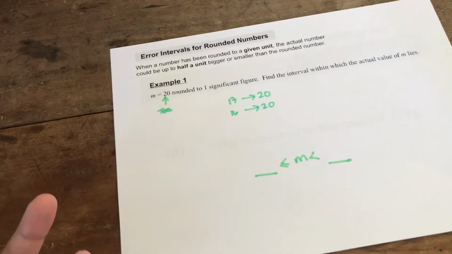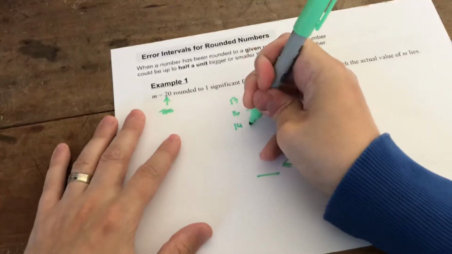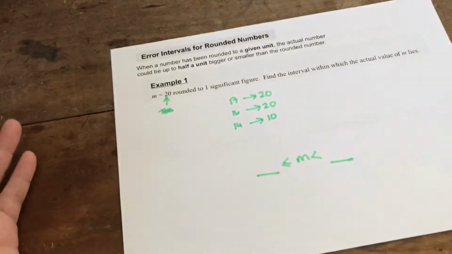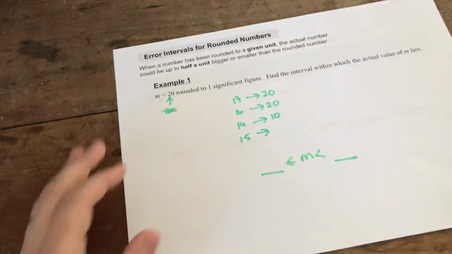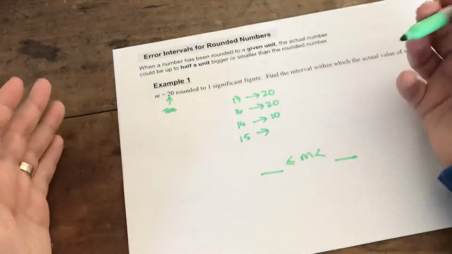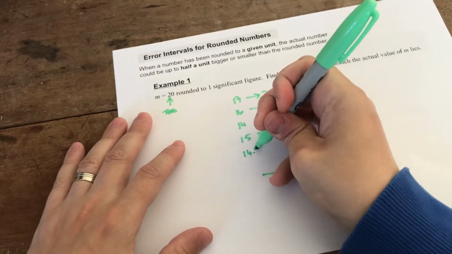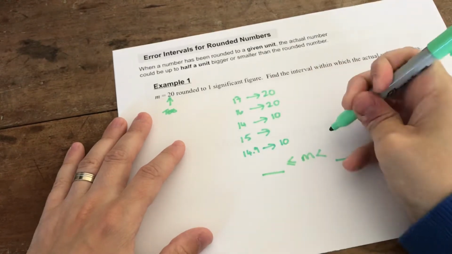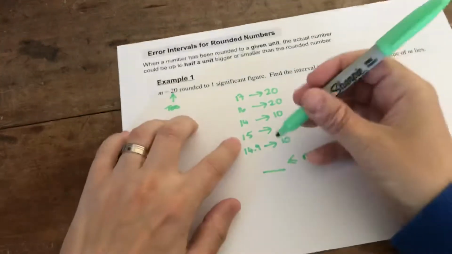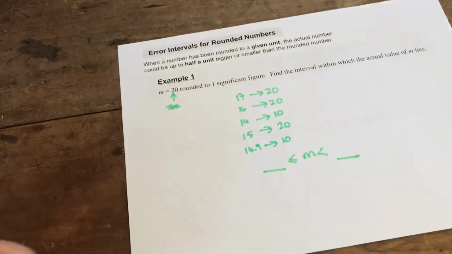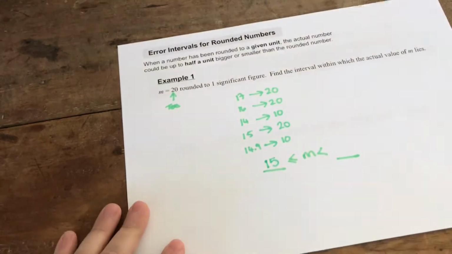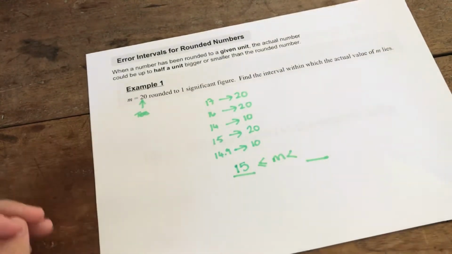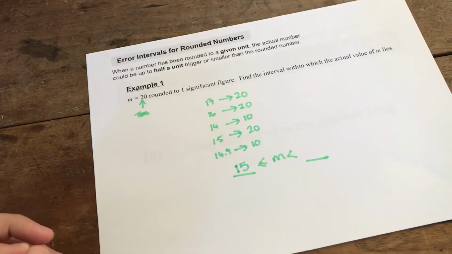What's the smallest number we can have? Could we have 14? 14 rounded to the nearest 10 gives me 10. So the smallest number we can have would be 15. If you think either side of that, if you had 14.9, that would give you 10. So we can have decimal values. So the smallest number is going to be 15. The smallest value we can have when our number is rounded to the nearest 10 would be 15.